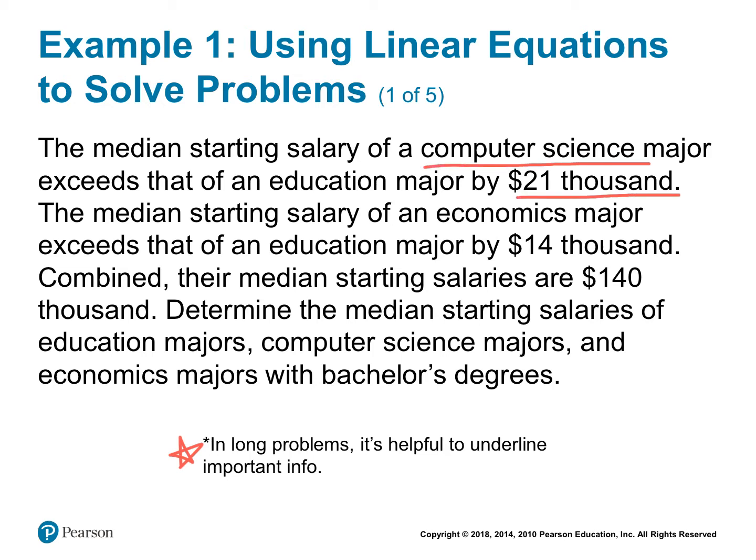That's for a computer science major. The median salary of an economics major exceeds that of an education major by $14,000. Combined, their median starting salaries are $140,000. Determine the median starting salaries of the education major, computer science majors, and economics majors with bachelor's degrees.